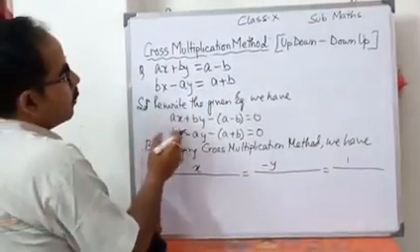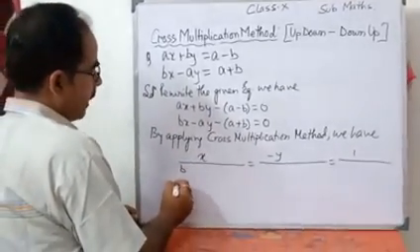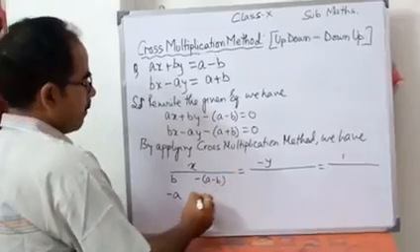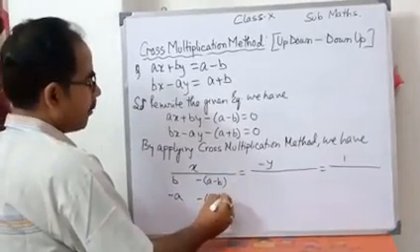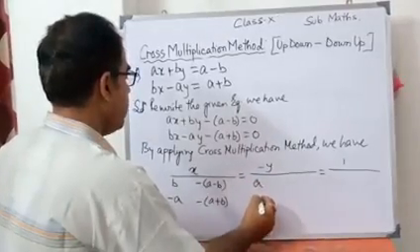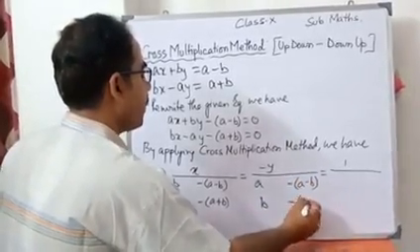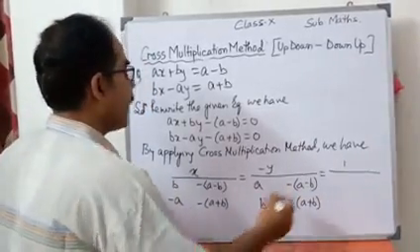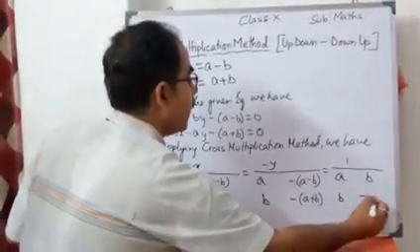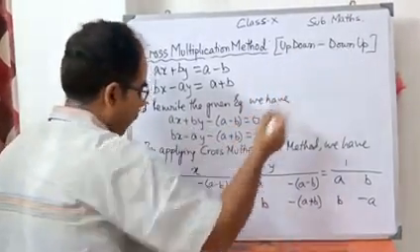So x by, as I told, the coefficient of y, so b, minus a, minus of (a minus b), minus of (a plus b), correct? Here a, b, minus of (a minus b), minus of (a plus b), correct? And here a, b and b, minus a. Now do the cross multiplications: up down minus down up.